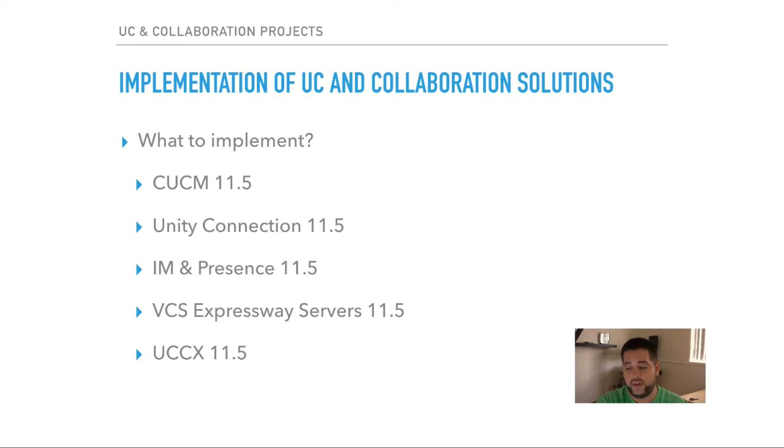We're going to see what we need to use the Expressway series servers. The licensing is free, so it's interesting, but there are a lot of moving parts on that. And then we're going to go with Contact Center. Contact Center is going to be basic at the beginning, and then we're going to go very deep into configuring and integrating with other things that are available.